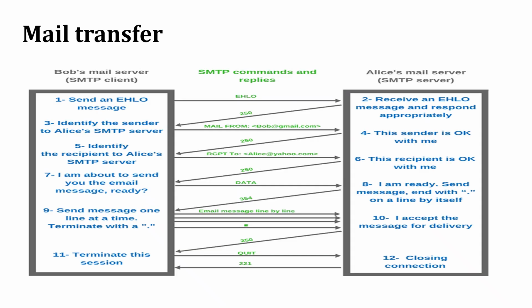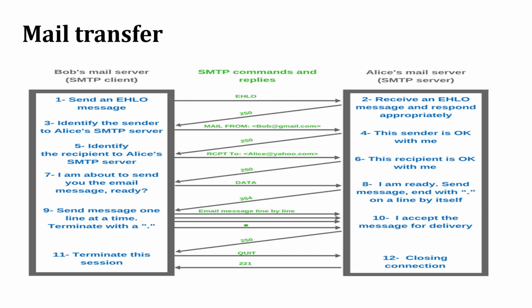In SMTP, after the connection is established, the client begins the process of sending a message. The client sends the mail from command, introducing the sender and providing the return mail address. This allows the server to know where to report any delivery issues. The server responds with a status code, typically 250, confirming acceptance.